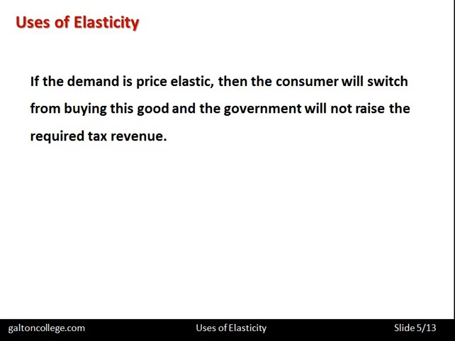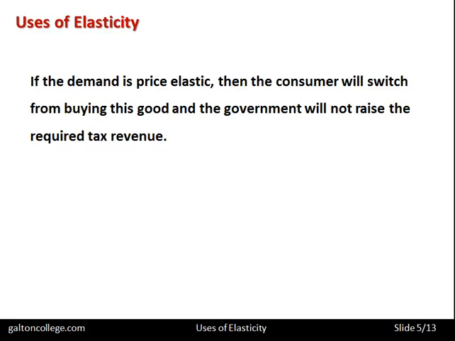So the consumers may simply stop buying the good, in which case the government has imposed a tax, but now gets less than perhaps it did before. It gets less because the consumers have switched away. The price is now too high and the consumers have moved to other products or switched their demand elsewhere.